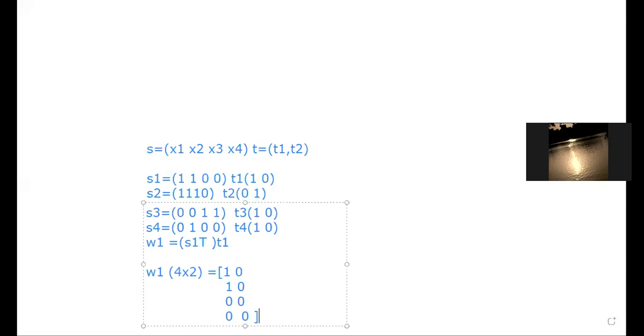Finally, after evaluating your W1 plus W2 plus W3 plus W4, you need to calculate. Okay.